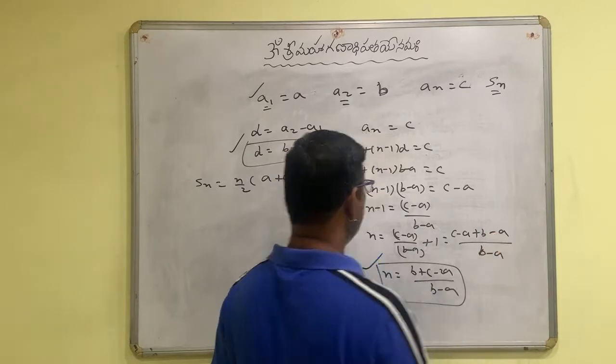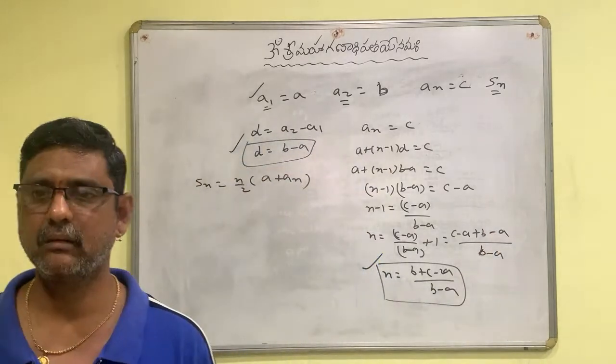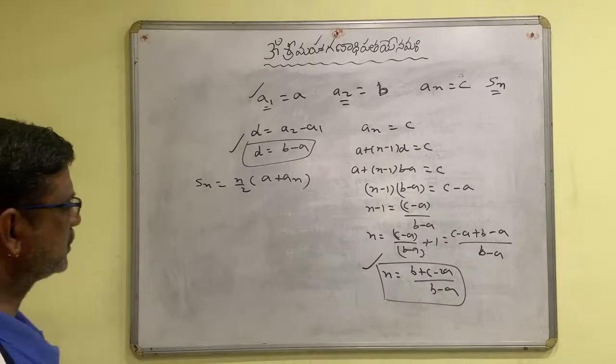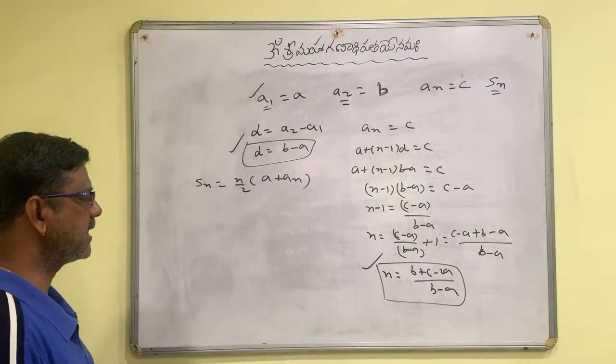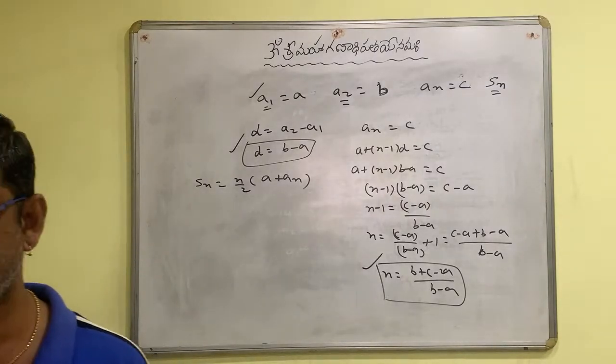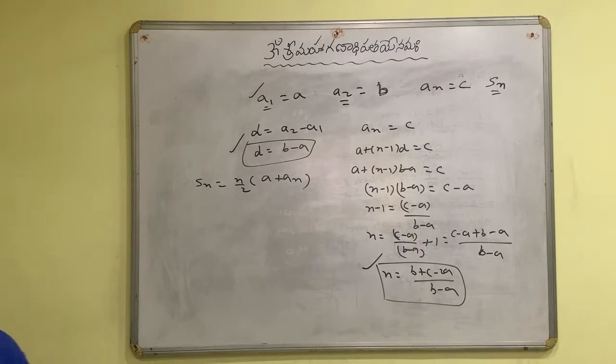This is minus a, no? Plus 1, na? C minus a plus b minus a, b plus c minus 2a by b minus a. Shall we see it properly?